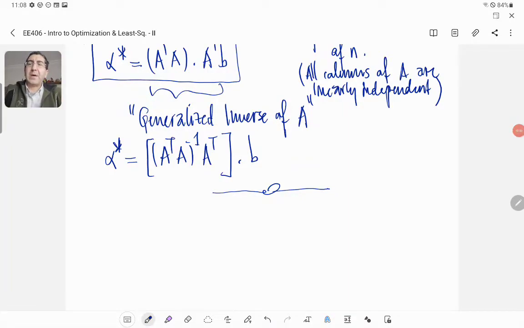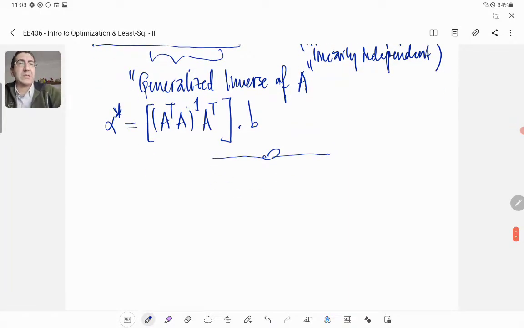Okay, now what I'm going to try to do is cover an example which will illustrate this minimum error model fitting concept. And we will do this two ways.